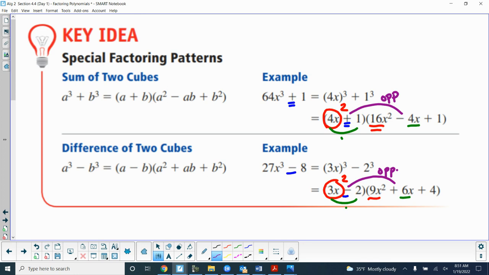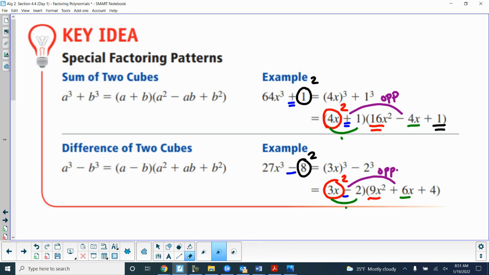And then the third term, all right? The third term is that squared. What's 1 squared? 1. And what's 8 squared? I'm sorry, not the 8. Not the original.